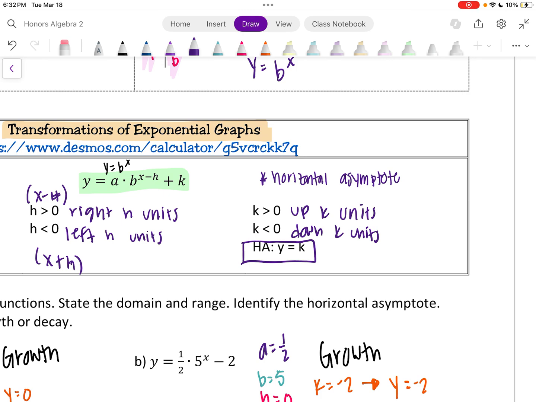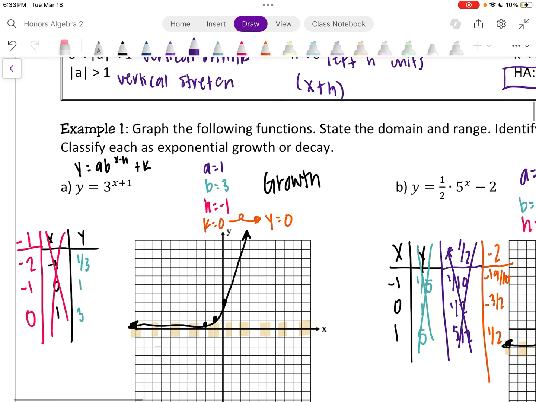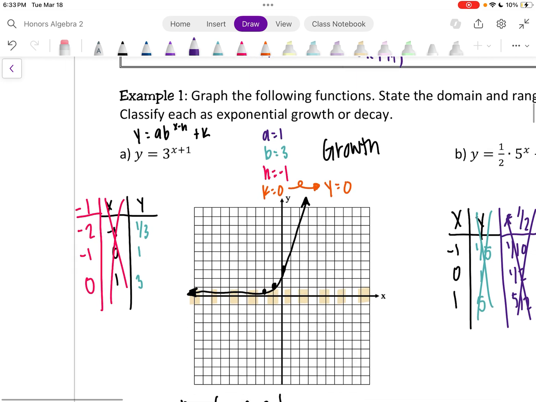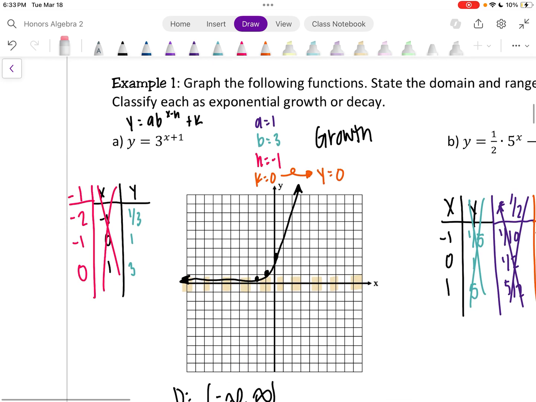So let's talk about this, and then we'll go from there. Remember your equation is y equals a times b to the x minus h, plus k. In this case, you will always have an a. It won't be 0.